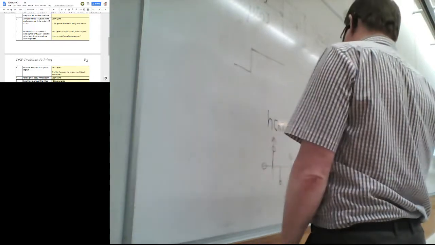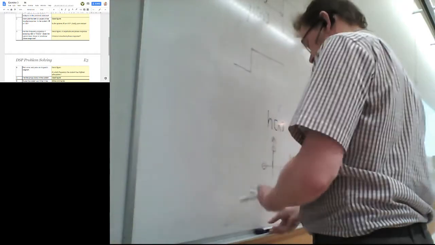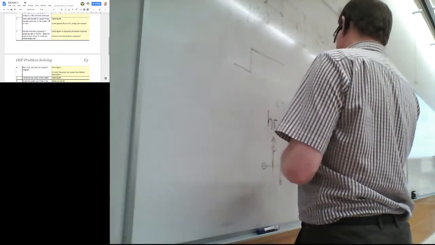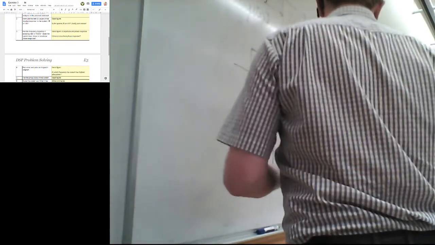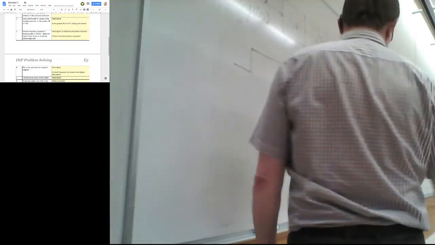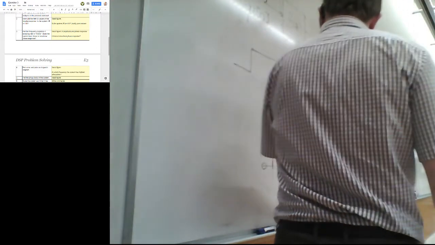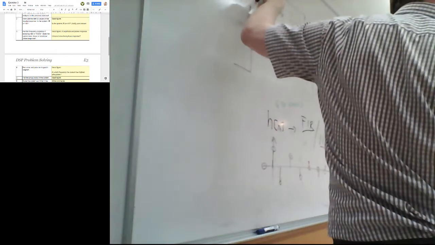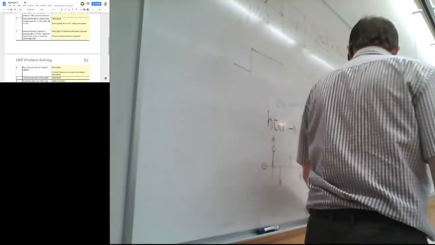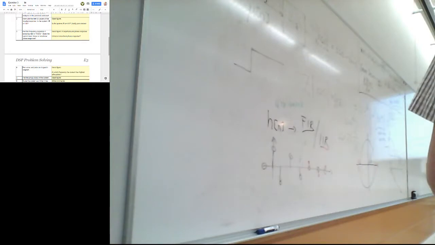Well, if this is an nth order system, then basically you just wait until the nth delay. So after that, if the system impulse response is 0, then the system is a finite impulse response system.